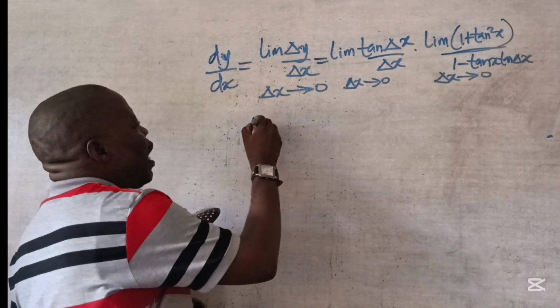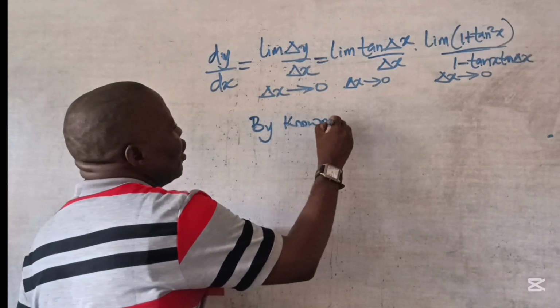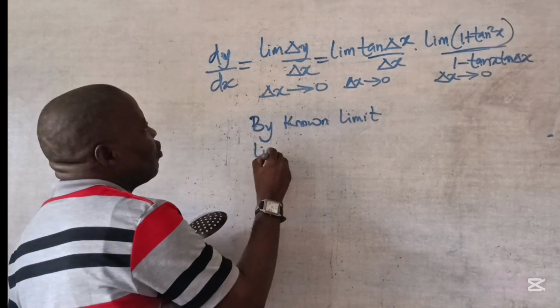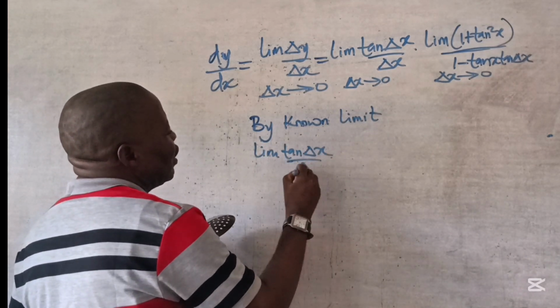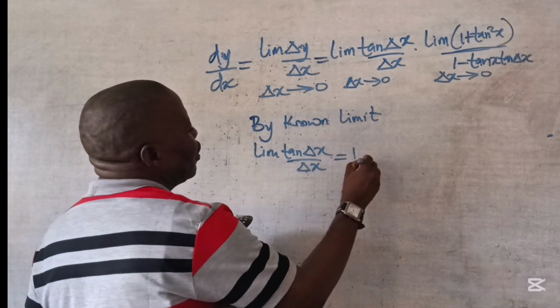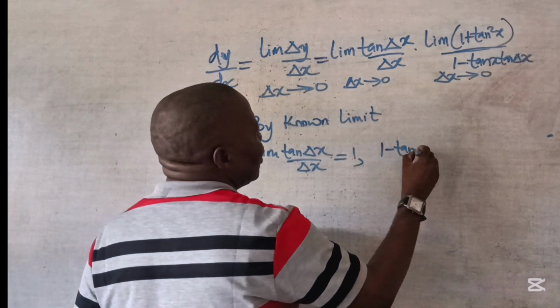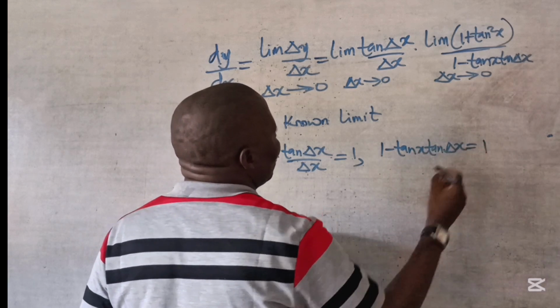So by known limit, tan change in x over change in x is equals to 1. Then 1 minus tan x tan change in x is also equals to 1.